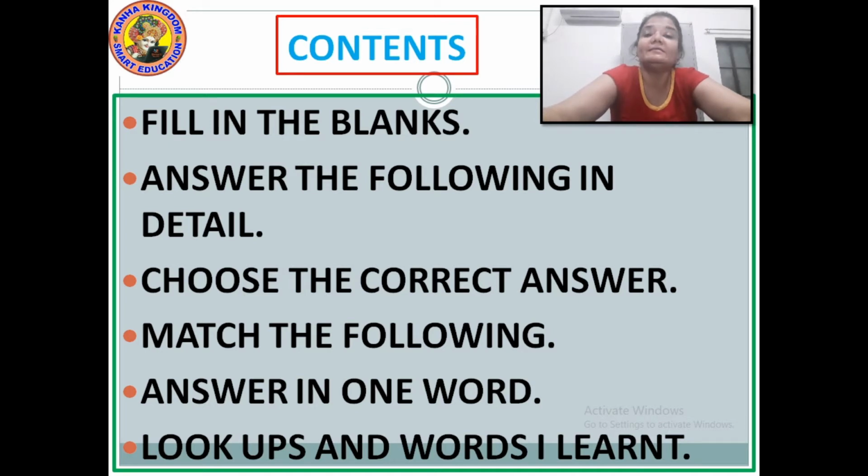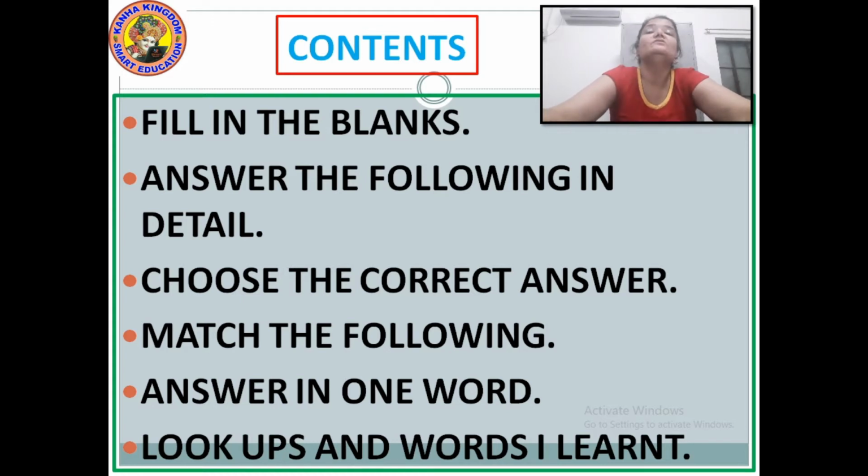And lastly, as I had told you, your books have lookups and words I learned. Means you can say that they have the word meanings, and they are called the definitions also. So you have to note down that also. Right now you don't have any book with you, so I have done this for you in this session.